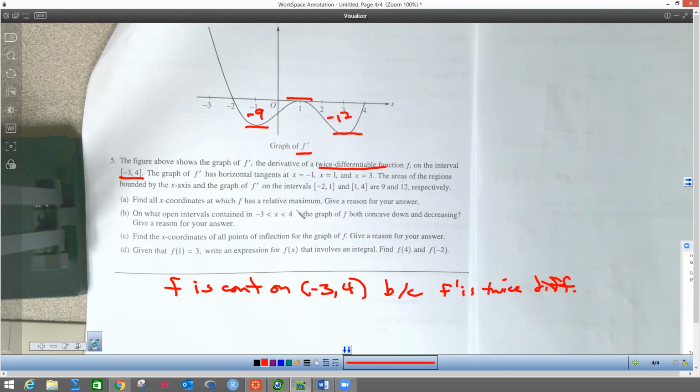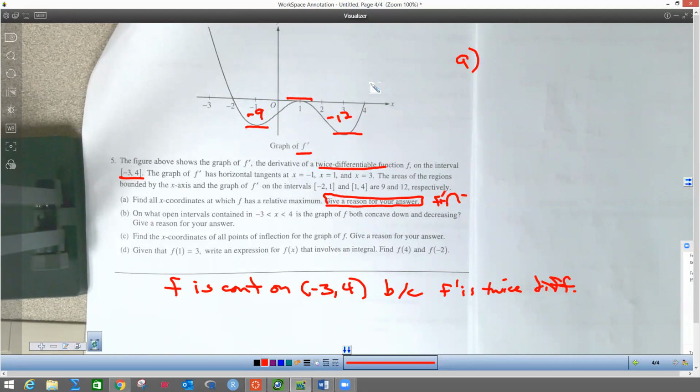Find all x coordinates at which f has a relative max. Give the reason for your answer. Relative maxes occur where f prime changes sign from positive to negative.